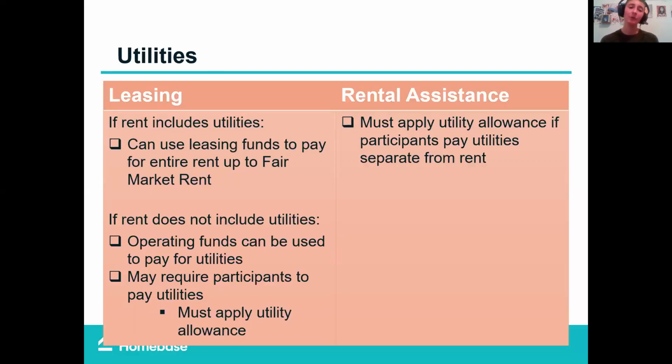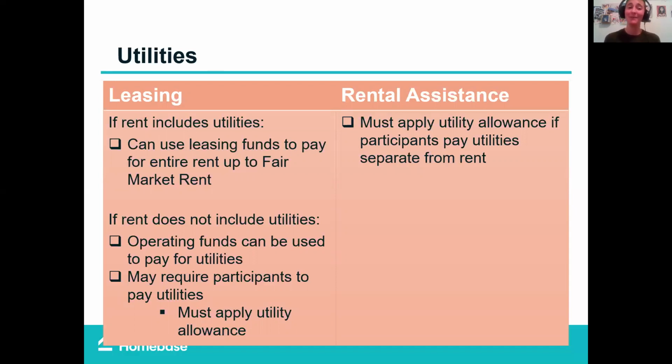For a leasing program, if utilities are included in your rent, the program has a lease with the landlord, the utilities are included in that lease and paid by the landlord, and you just pay rent, then of course you're using your leasing funds to pay for that.